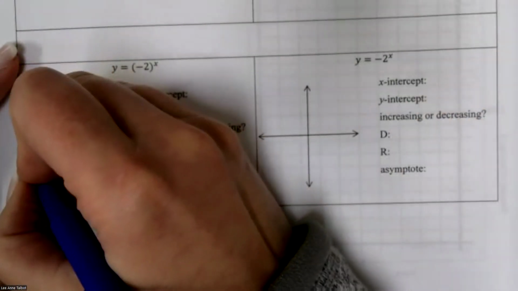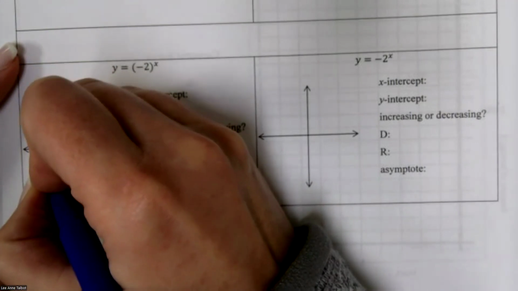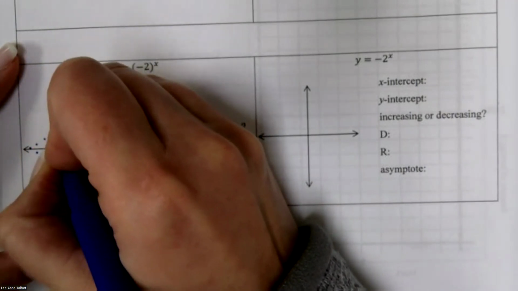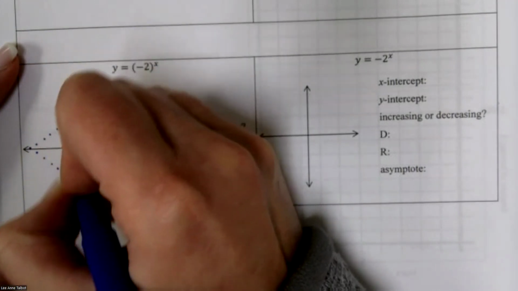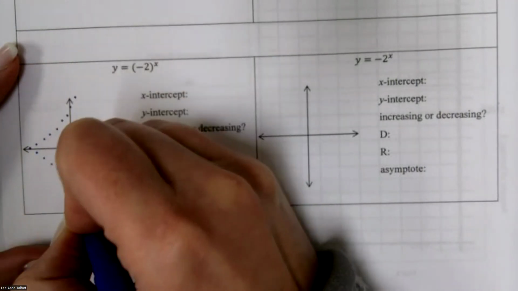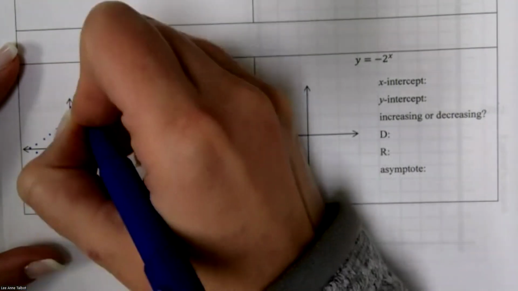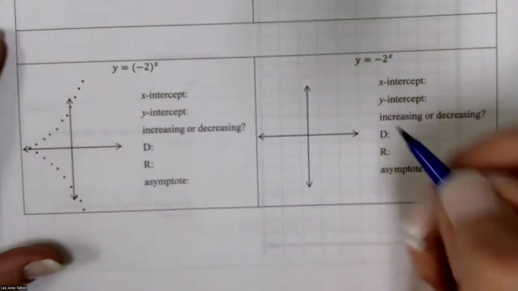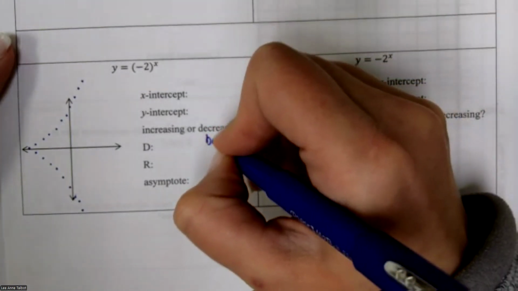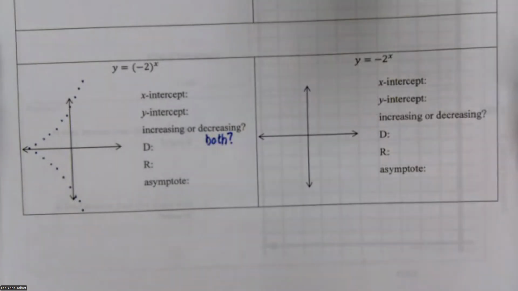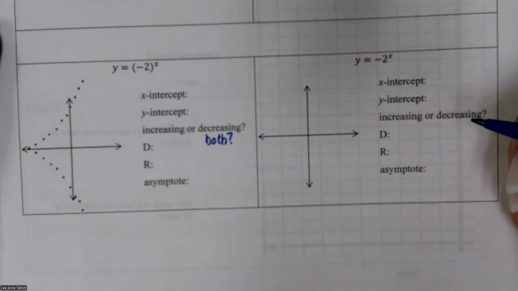This guy, we don't even need to graph. We know that it's going to do this flip-flopping thing, so just do your best. And it's both increasing and decreasing.